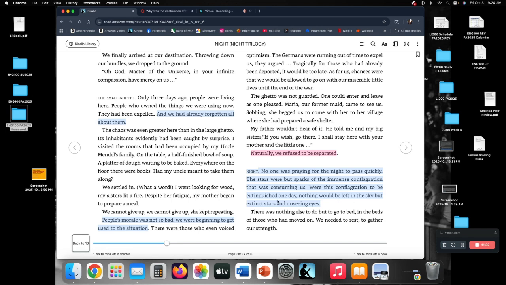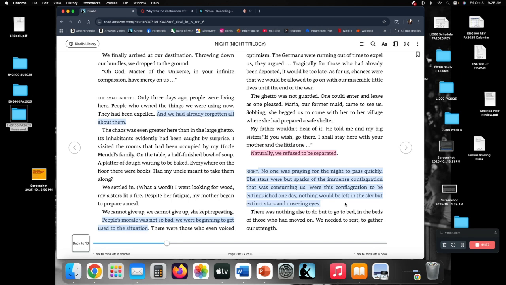But this, if you really look at it closely, also shows Elie talking about the Holocaust as a whole, because nothing would be left in the sky, and the unseeing eyes, obviously the ones who ignored the entire situation. So there's a lot of imagery. Also shows how he's not going to forget the theme of trauma.